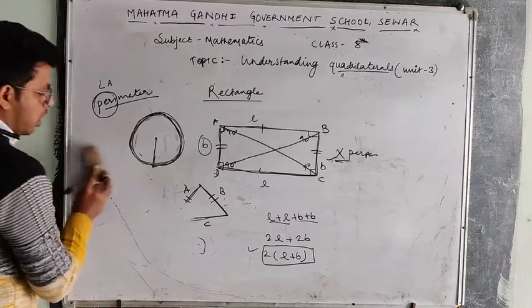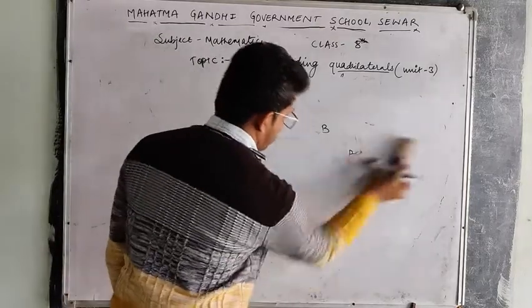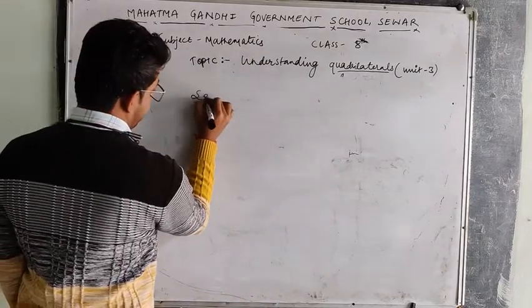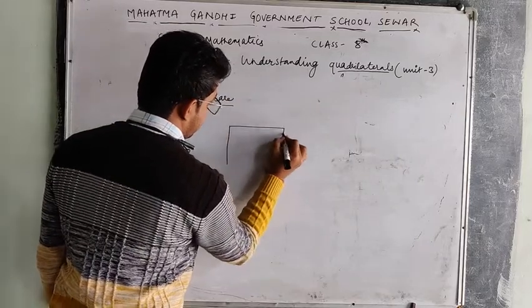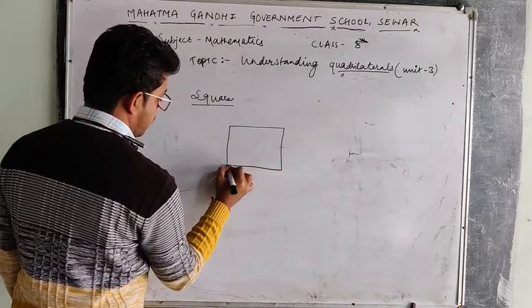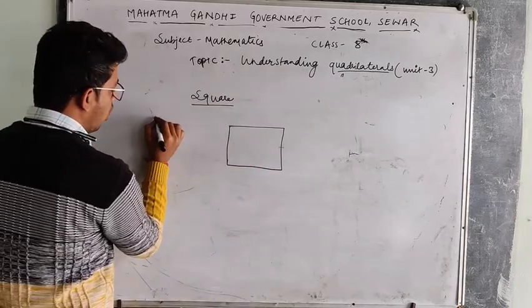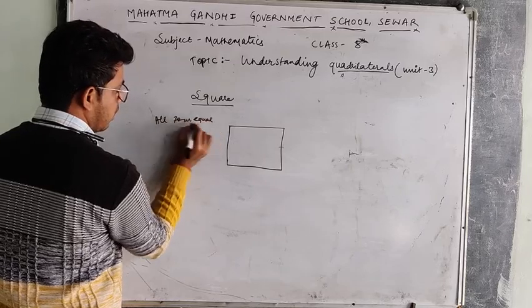Now we will talk about a square. What are the properties of the square? All four sides are equal.